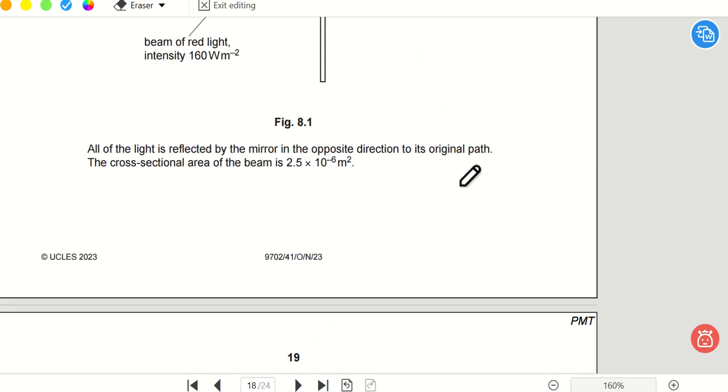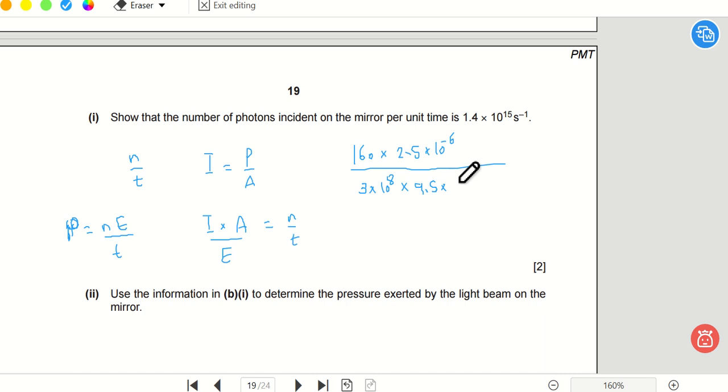Remember the momentum is 10 to minus 28. Okay, so the answer will be 1.41 times 10 to power 15, and certainly second minus 1, in here has no unit.